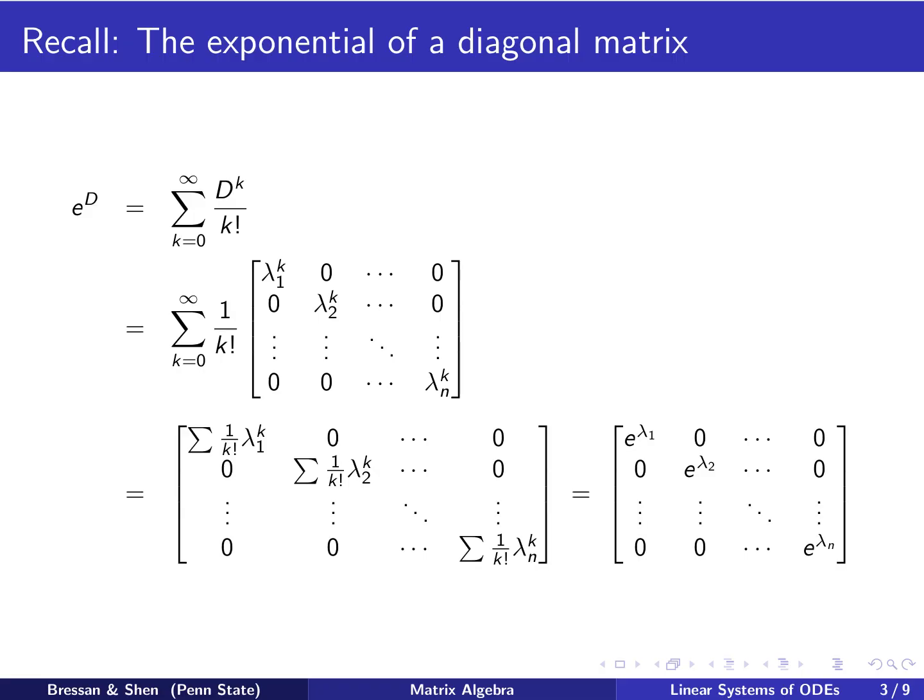Then we can move the summation sign into every term. Since everything else is 0, we just need to put the summation sign on the diagonal. And on each diagonal, we just have 1 over k factorial and lambda with a certain index to the power k, summing over that. And we see that is the exponential function of lambda 1, and then of lambda 2, and so on.